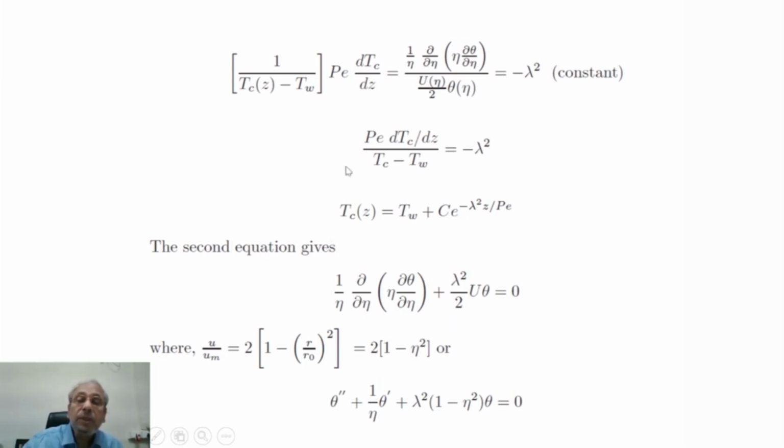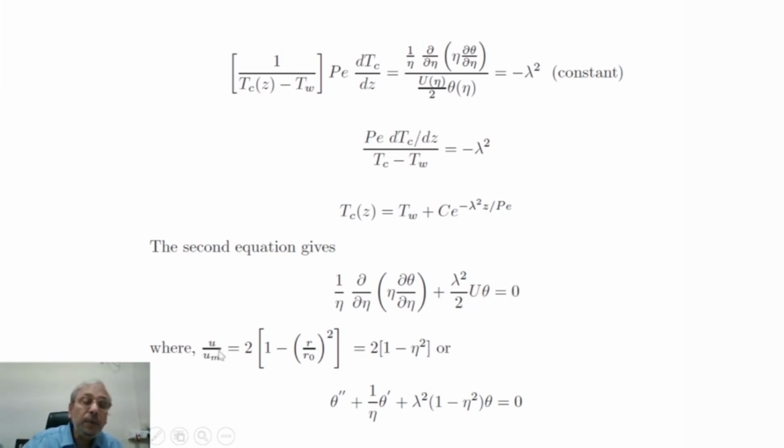So this is, as I said, the variation of center line temperature with z, given by Tw plus C, an arbitrary constant, e to the power minus lambda square z by Peclet number. The second part will give us 1 by eta del eta eta del theta del eta plus lambda square by 2 into U theta equal to 0.